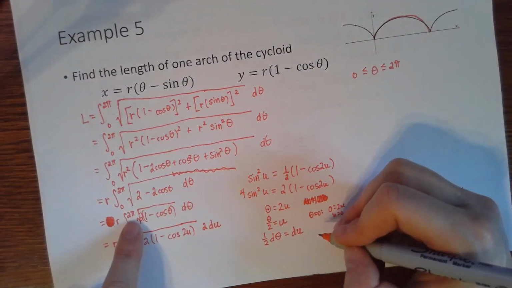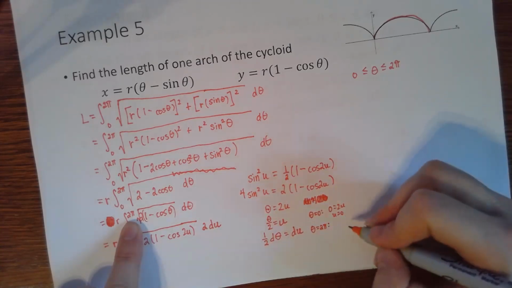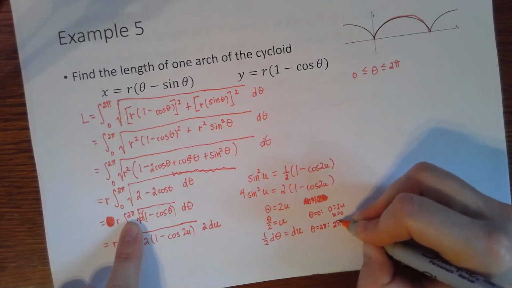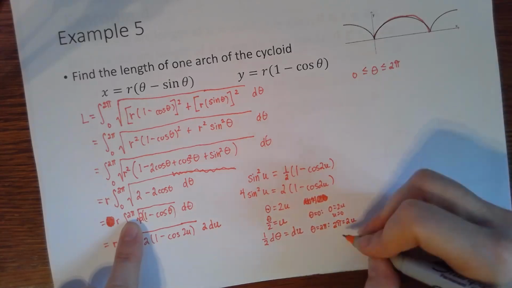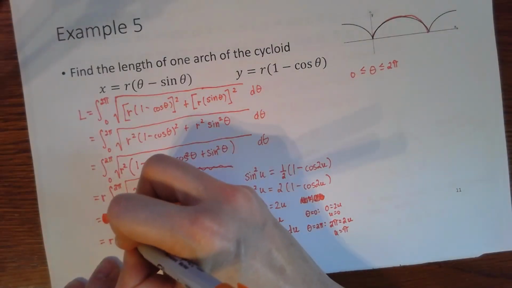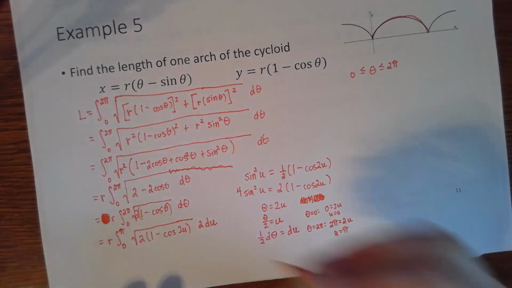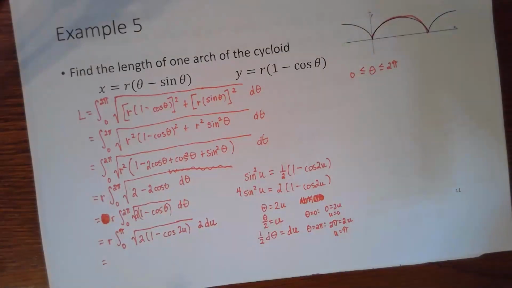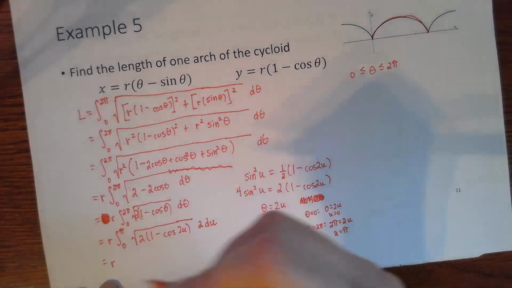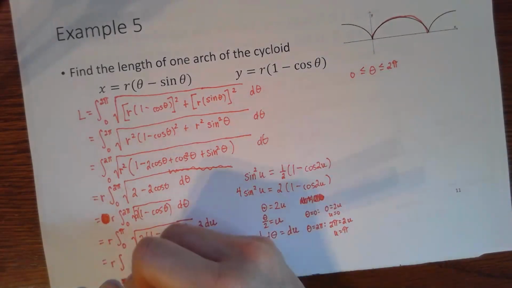And then when theta is 2 pi, I'm going to have that 2 pi equals 2u, so u must be pi, so we're going to have a pi there. So we've got r from 0 to pi.